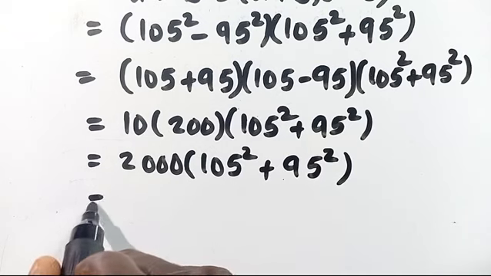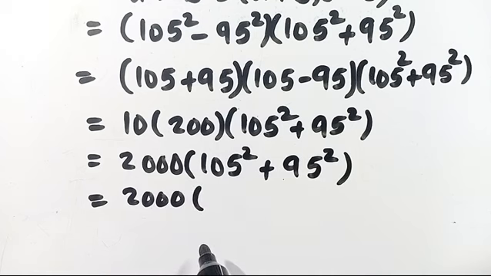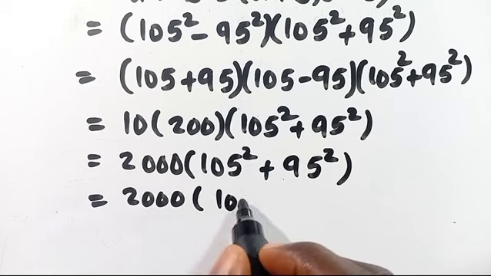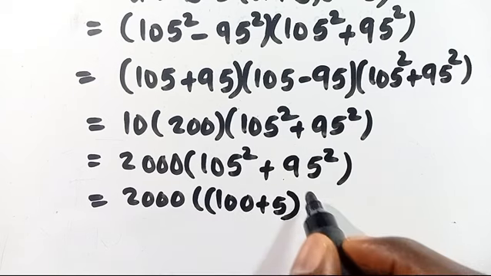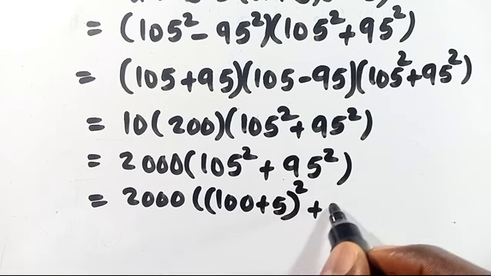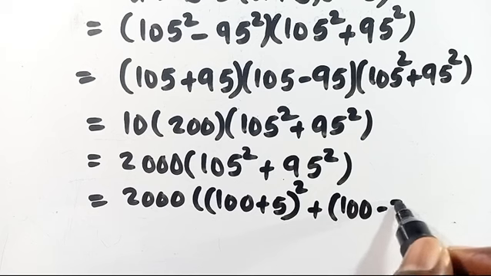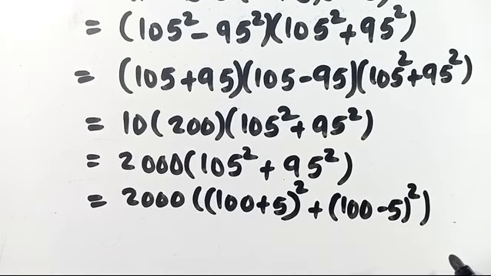Now we have 2000. So from here we can write 105 as 100 plus 5, all in parentheses squared. Then this will be 100 minus 5 squared, which will give us 95.